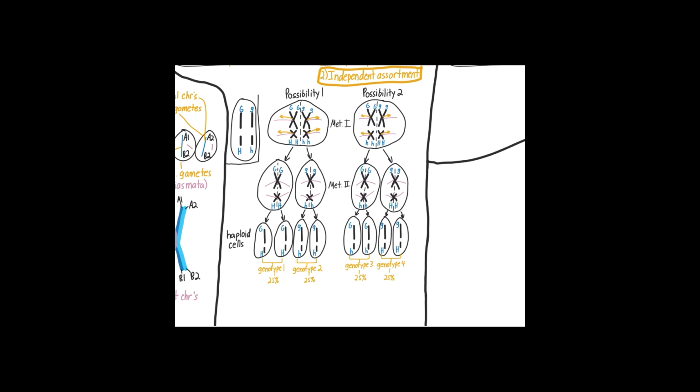So we can define independent assortment as the haploid cells having an equal chance of getting different combinations of chromosomes, and by extension, they have an equal chance of getting each possible combination of alleles. So this is how independent assortment produces haploid cells with different genotypes.